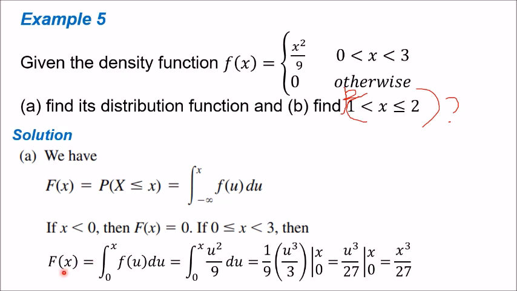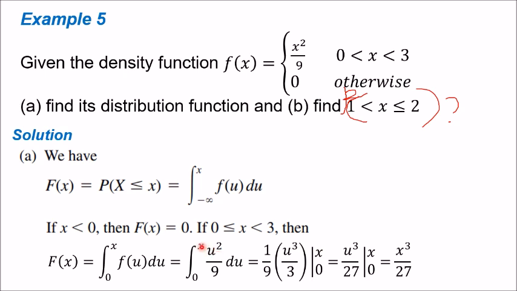So the capital F of x is equal to the integral of f of u du evaluated from 0 to x. Our function x squared over 9, we just replace x with u, so u squared over 9, because x will be the upper limit of our integral. Now we evaluate this integral. 1 over 9 is a constant, times the integral of u squared, which is u cubed over 3, evaluated from 0 to x.